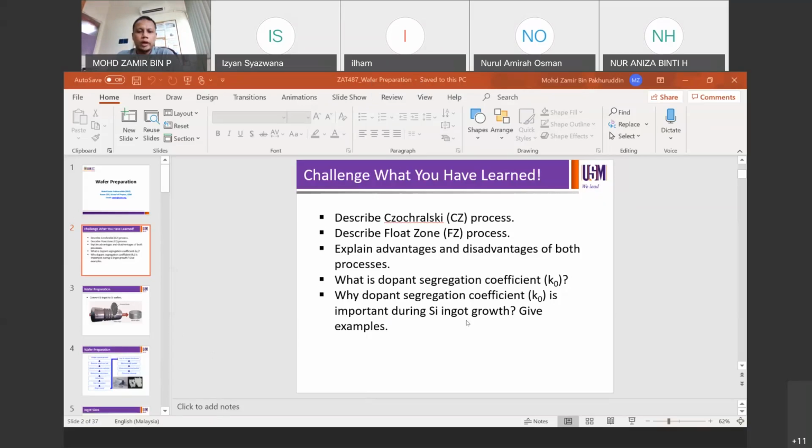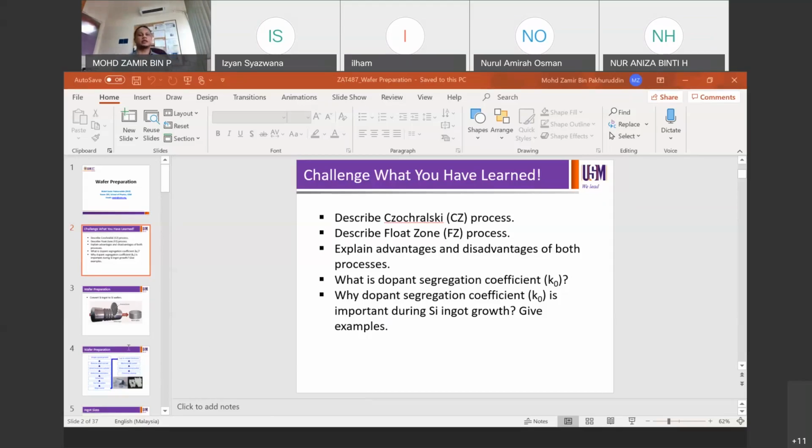So, right, why is K naught important during silicon growth? Give examples. Kenapa dopant segregation coefficient tu important? Why is it important in the growth process? Consistent ingot. Okay, what is consistent?